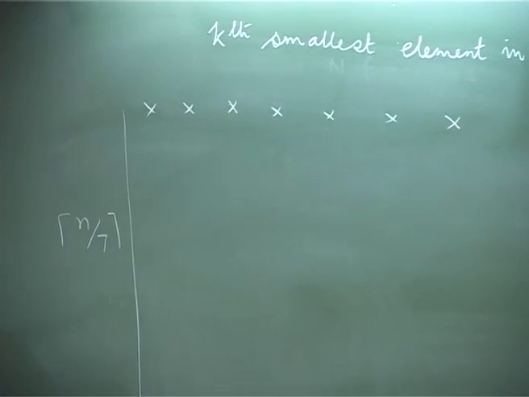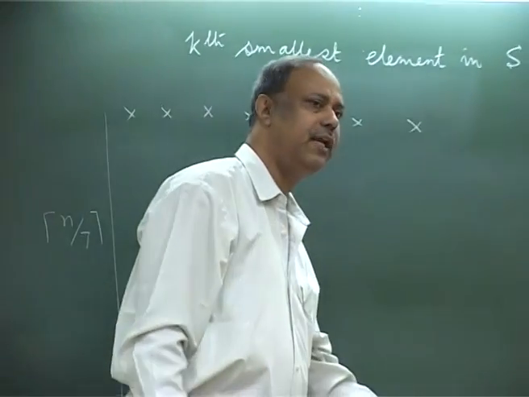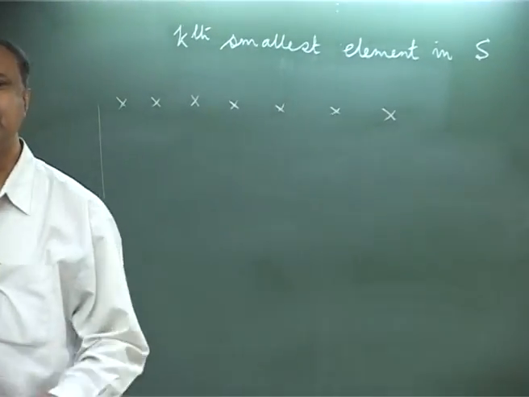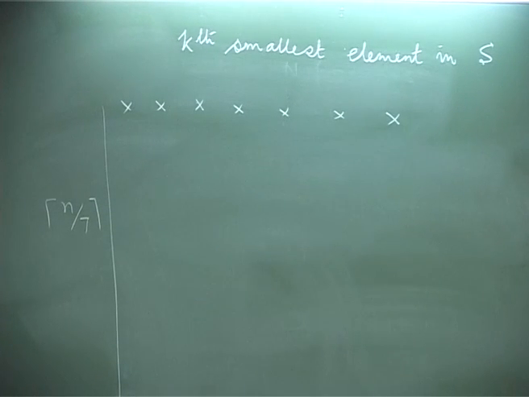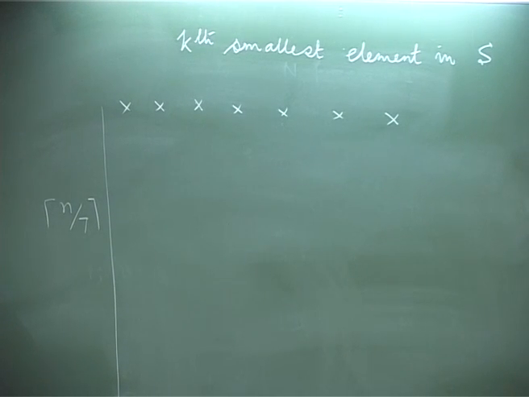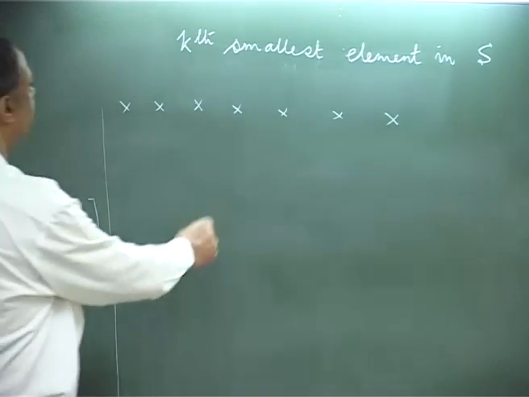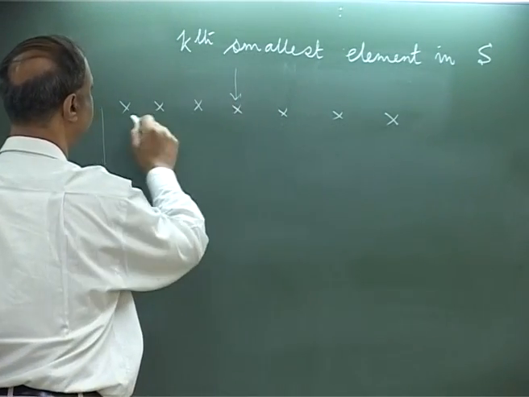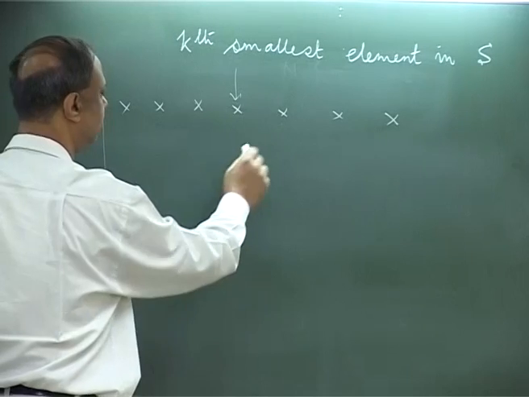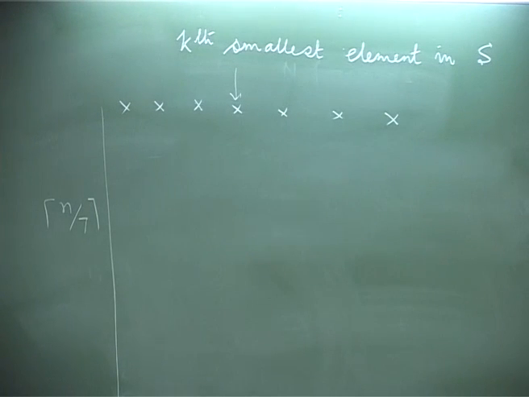In case it is not divisible by 7, then your last subsequence may have some padded 0. And then you sort each group, which takes a constant number of operations.